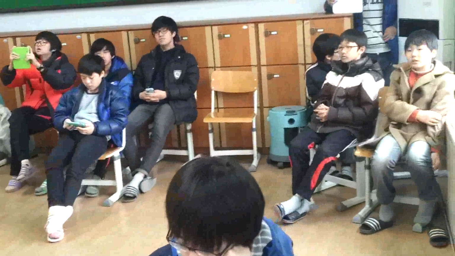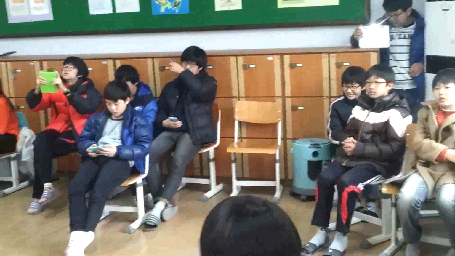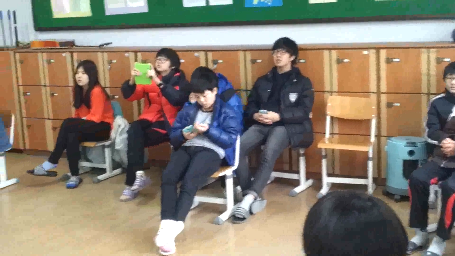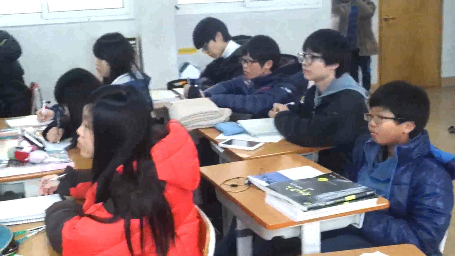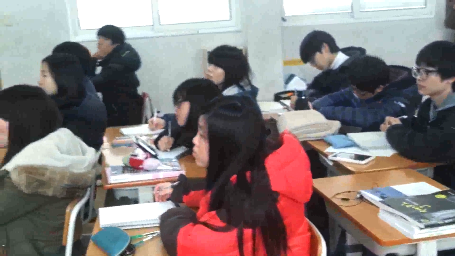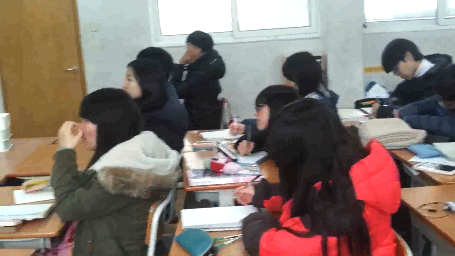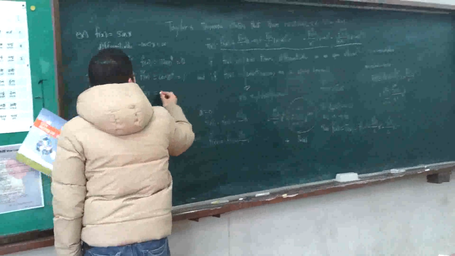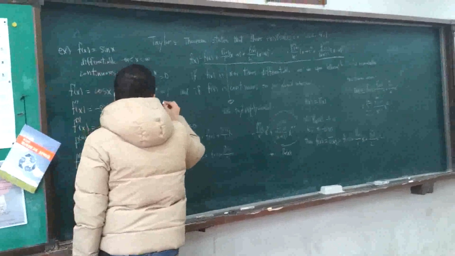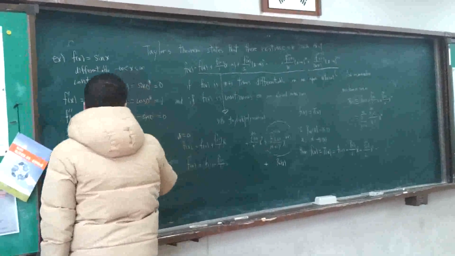f(0) equals what? Sine 0, yes, 0. And f prime(0): if you substitute the 0 value here, then what is cosine 0? 1. And what is the next one? Minus sine 0, so 0.